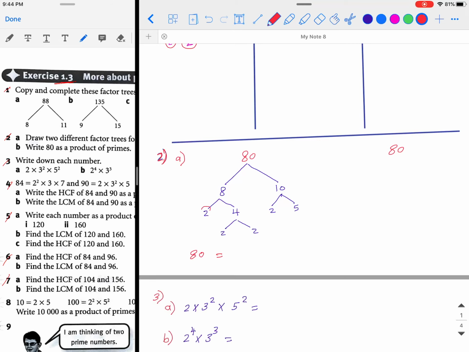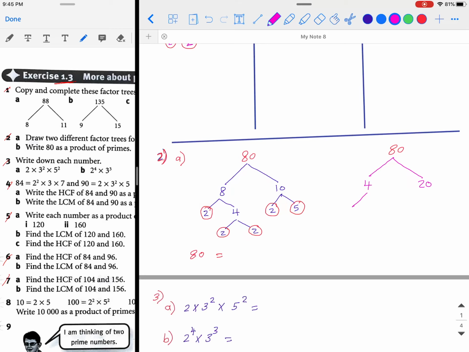Okay, let's check the prime numbers. Here, 2, another 2, another 2, another 2, and only one 5. Let's try a different tree of factors. Here 80, we will try a different multiplication, and instead of 8 by 10 we can try 4 by 20.